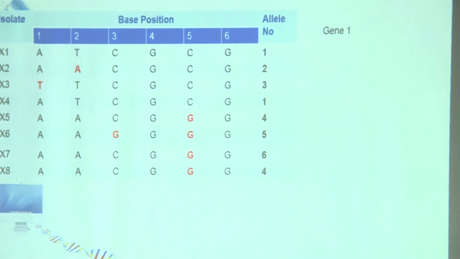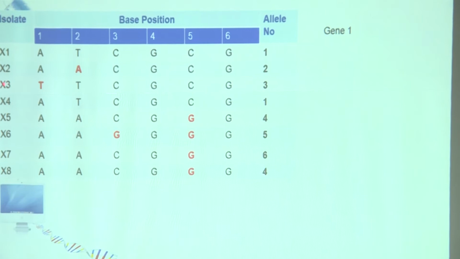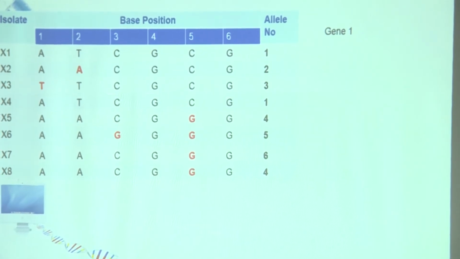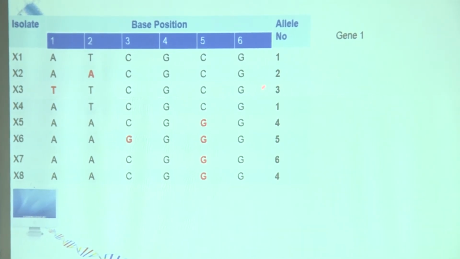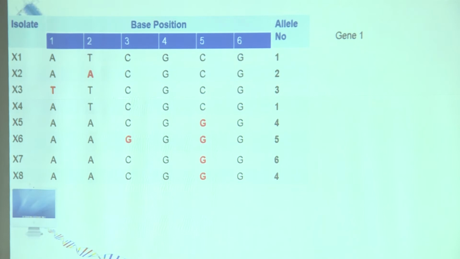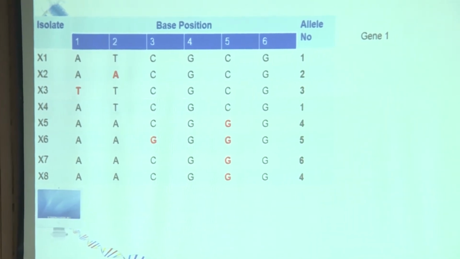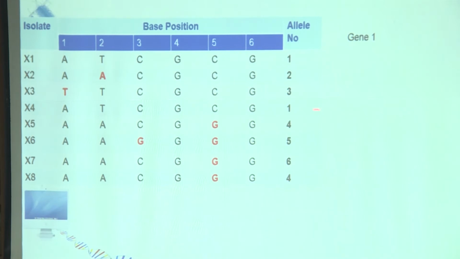Variations may come later on also, right? So now, these variations are converted into allele numbers. So I gave 2 here. When I move to the third one, I found there is a variation in the first base call, right? I gave 3. Why 3 here? It is different from the first and second. That's it. Okay. When I move to isolate 4, I could get exactly the same as the first one. Then that prompted me to give again the number 1 here, not 4.